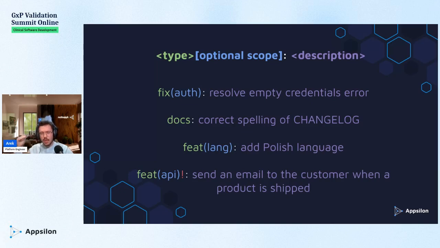So utilizing the structure allows us to have more structured git commit messages. And because of that, we may have some additional benefits of using conventional commits. Because when we have those git commits structured, we might apply some additional automated checks or automated processes. Like, for example, we can automatically generate change logs based on the type of our commit messages, right?